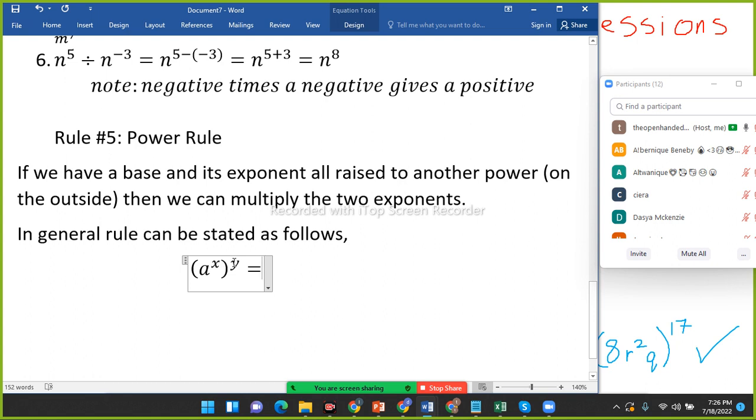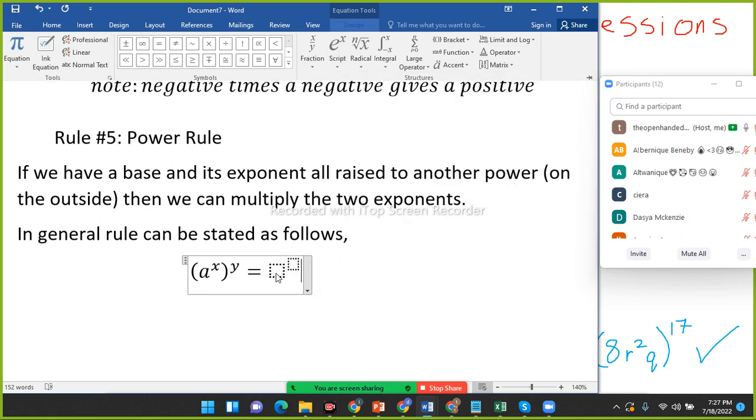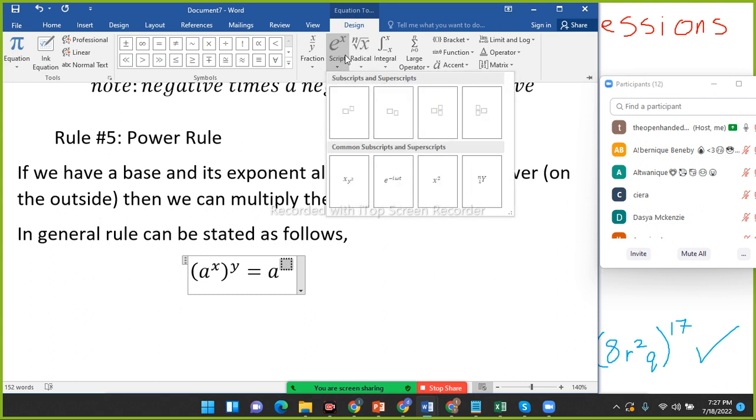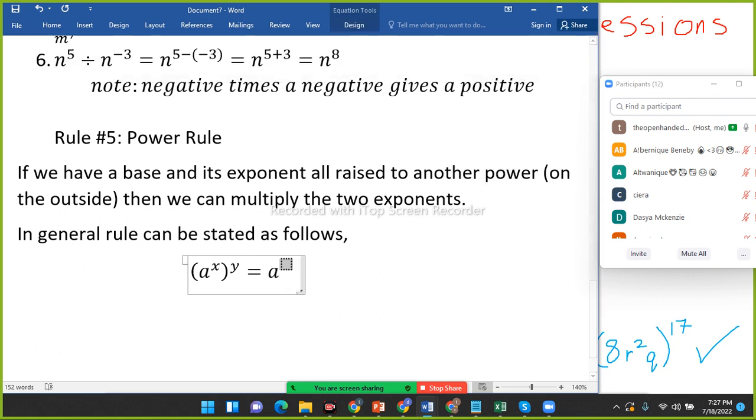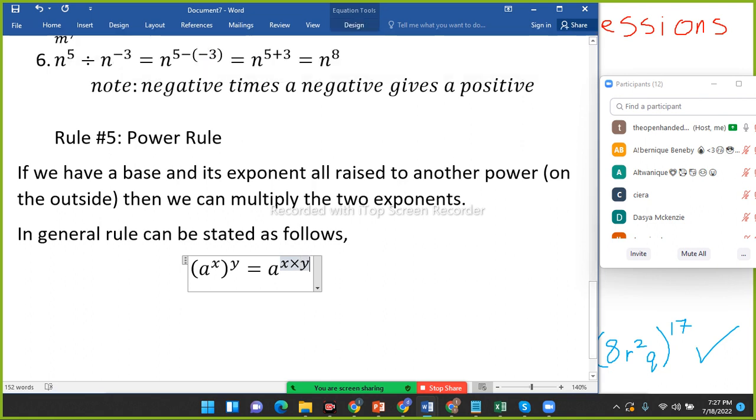So that would be a to the power of x times y. I already used x and y, so it's going to be a to the power of x times y, which is equal to a to the power of xy.